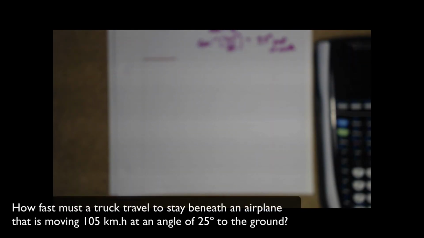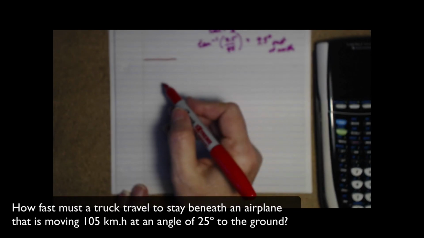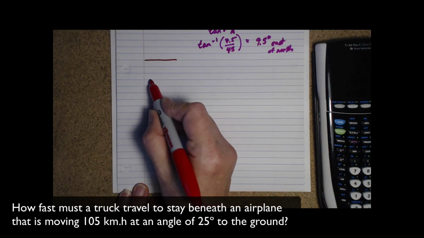Practice problem 1 on page 92 says, how fast must a truck travel to stay beneath an airplane that's moving 105 kilometers per hour at an angle of 25 degrees to the ground? Again, we draw a picture of what we know.